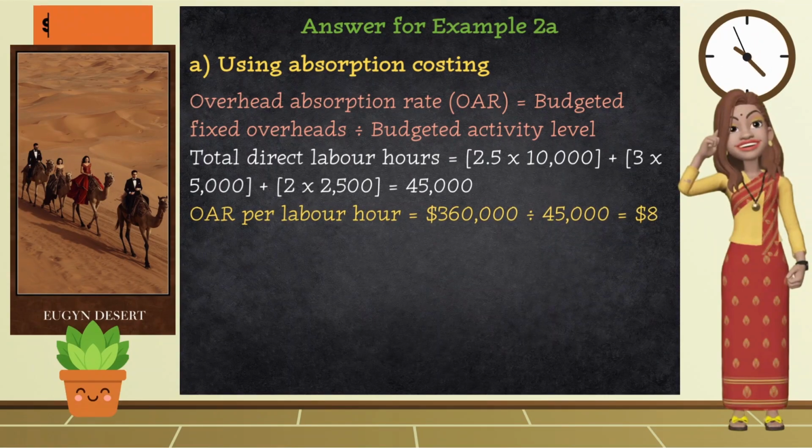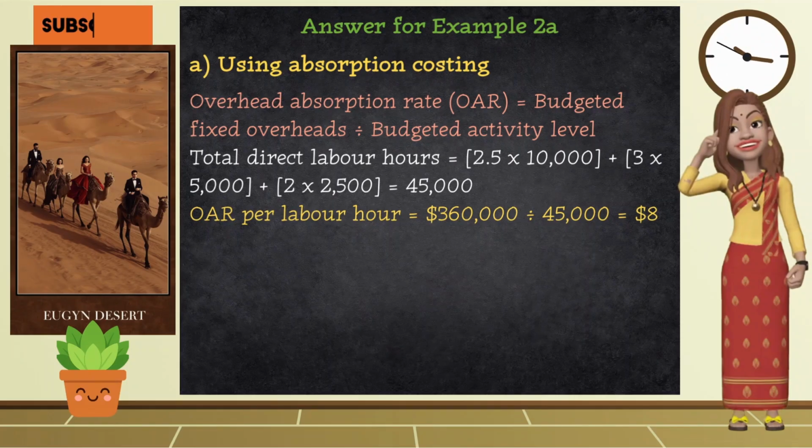To get the total labor hours for each product, we multiply the labor hours per unit times the number of units. For example, for product X, total labor hours will be 2.5 hours per unit times 10,000 units. We do the same for products Y and Z. Then we add the labor hours for the 3 products, giving us total labor hours of 45,000.